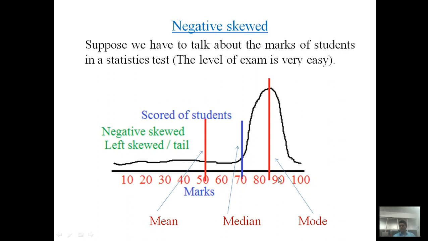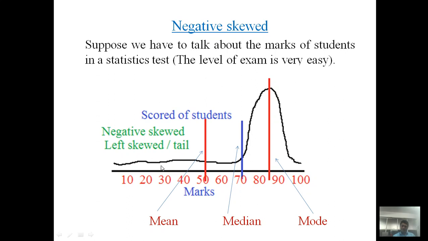There are a total of 60 students, and around 80% of them, so 48 students, get the score between 80 and 90, roughly 85 marks. Again, very few students got a score of 100.